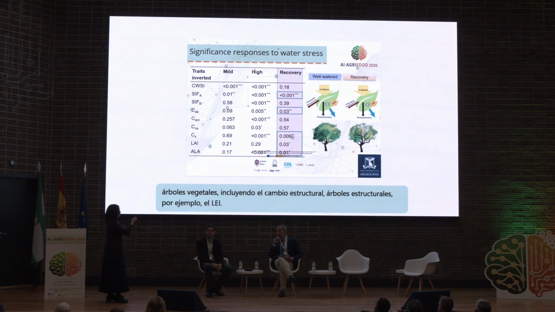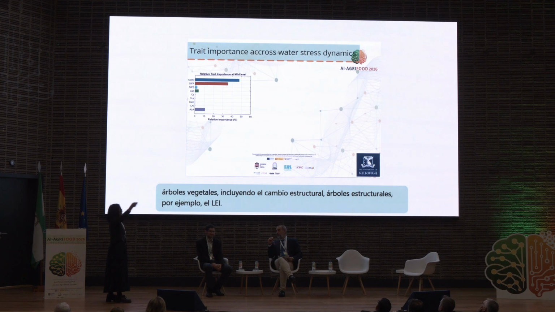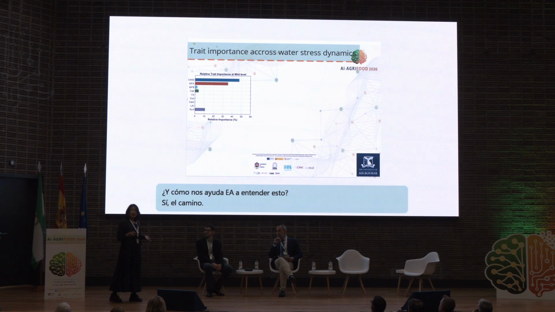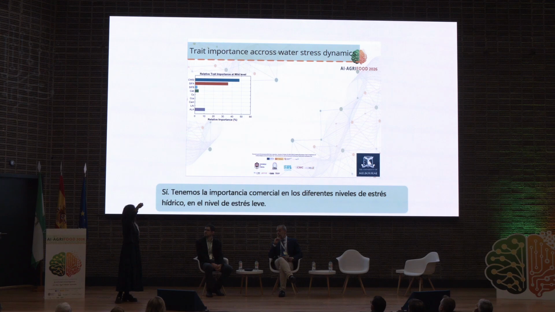And how does AI help us to understand this? We have the trait importance at different water stress levels. At the mild stress level, SIF and CWSI were dominating the importance.